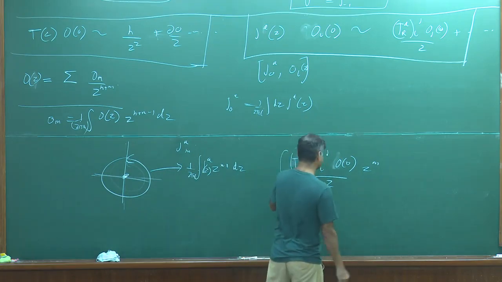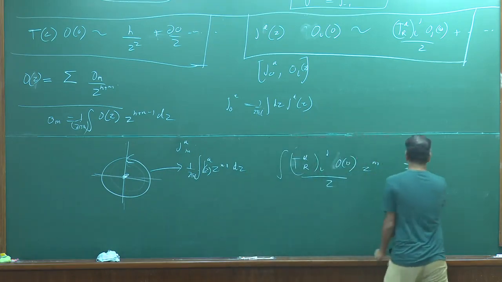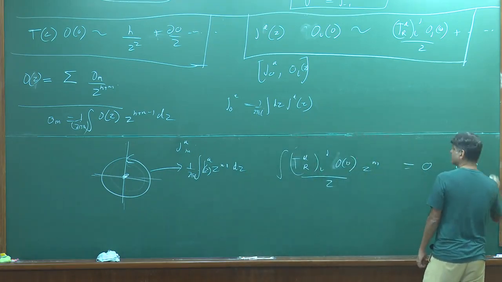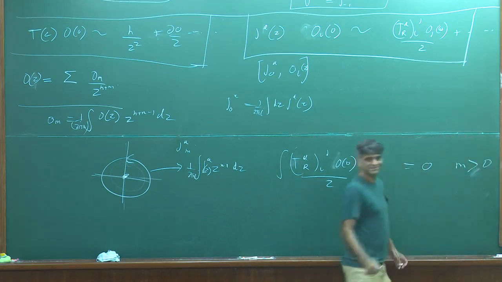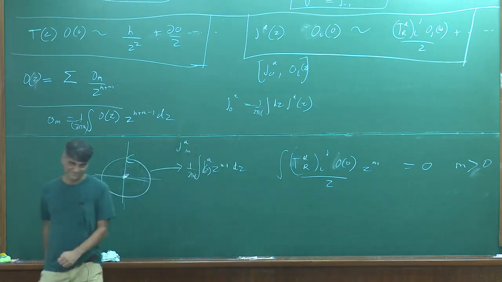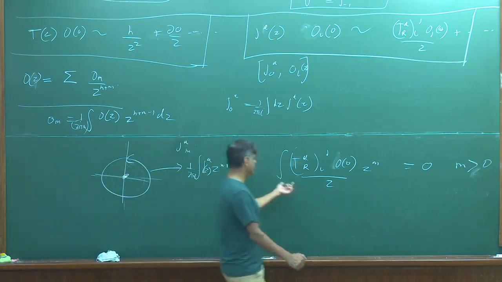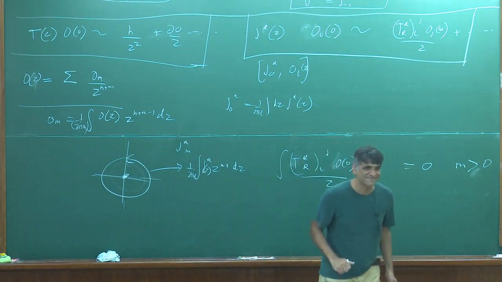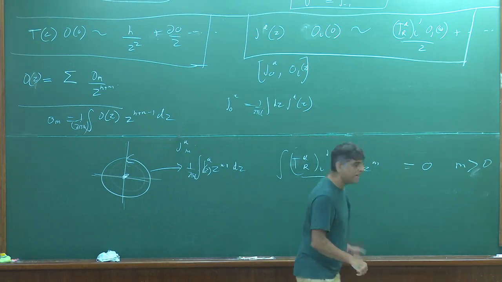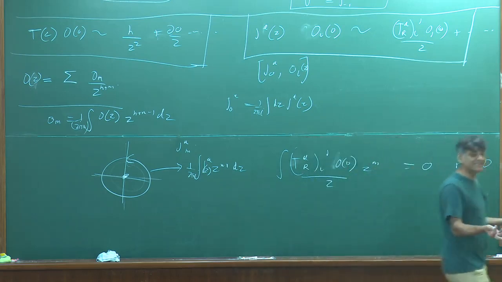And therefore we see that this is equal to 0 for m greater than 0. For m equal to 0, it's the usual algebra action. We've already seen that. And for m less than 0, it's something else.